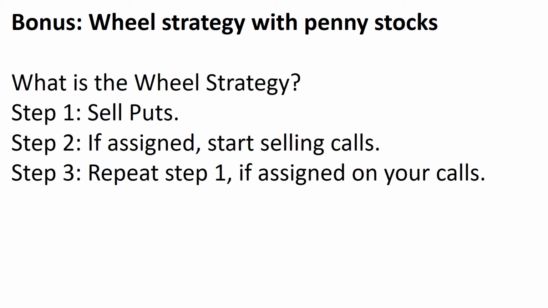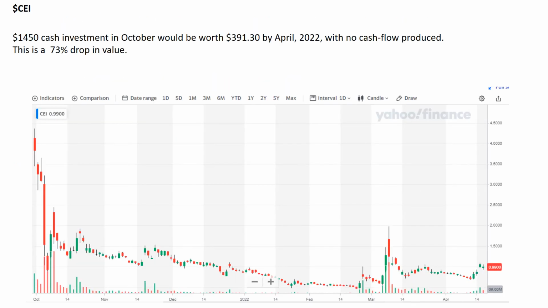And this strategy can be really, really useful when you're dealing with penny stocks, as we will see in the example we're about to look at. So the example we're looking at here is with an asset class called CEI, which is in the energy space.